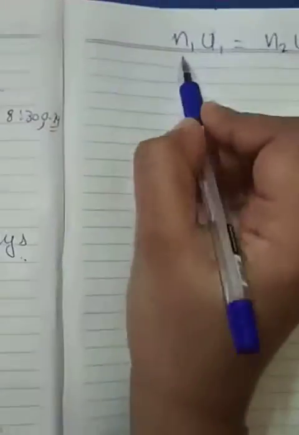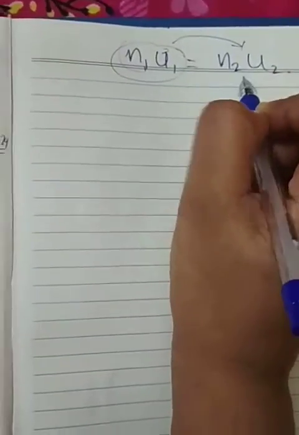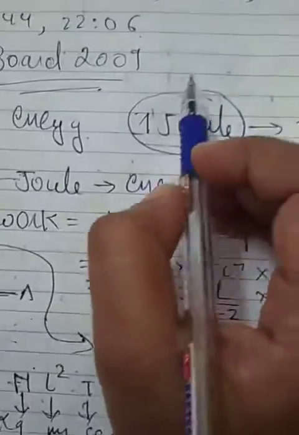We already know the formula is n1 u1 equals n2 u2. We are going from the MKS system to the CGS system. Here we want to convert 1 joule, so n1 is 1.